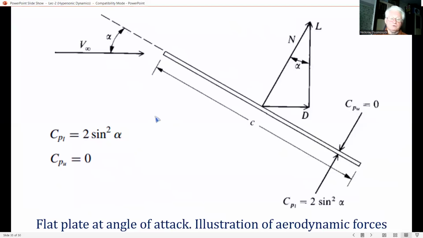Because we are not including friction, and because surface pressure always acts normal to the surface, the resultant aerodynamic force is perpendicular to the plate. And that is the normal force N, yes, the resultant aerodynamic force.